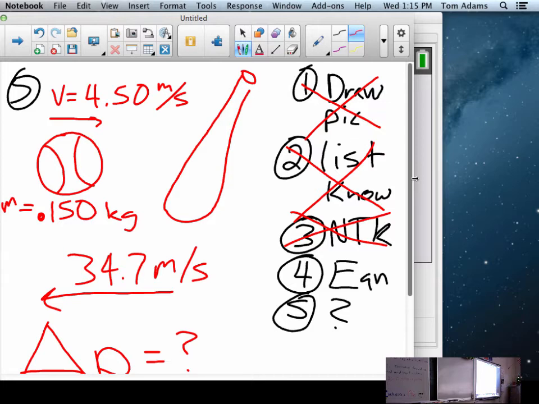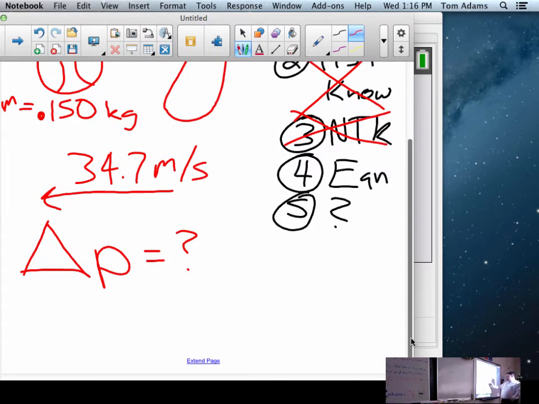Now, I've shown you a lot of equations since the beginning of the year. But what I want you guys to do is open your textbooks, if you have it with you, and turn to page 212. And we know that, so let me list the main equation. We know that momentum is equal to mass times the velocity.